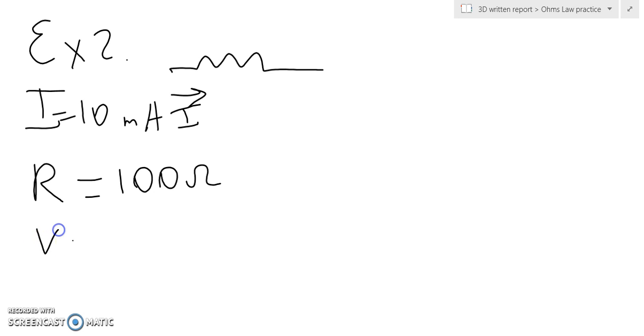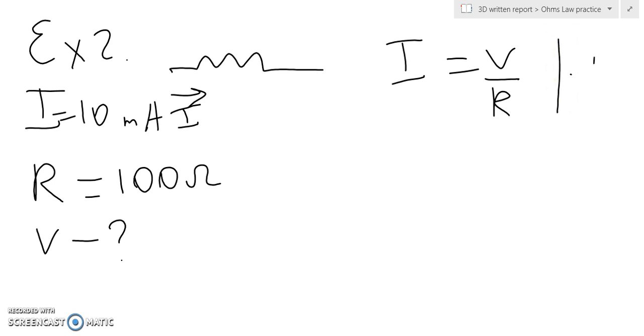So this time I need to find voltage. Well, if you look at my formula, it's I equals V over R. So now I need to find voltage, so all I do is multiply by R both sides, and I get V equals IR. So that's all I need to do.